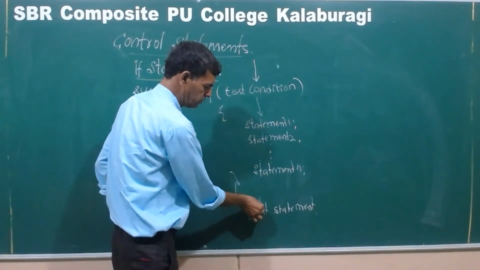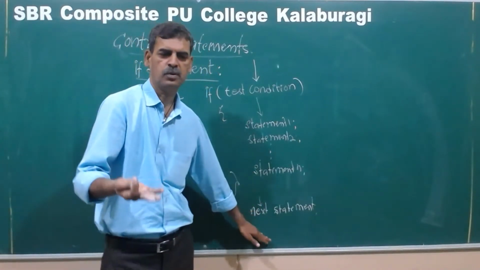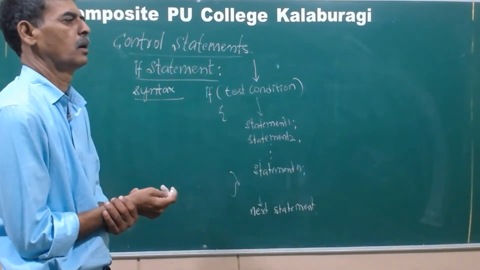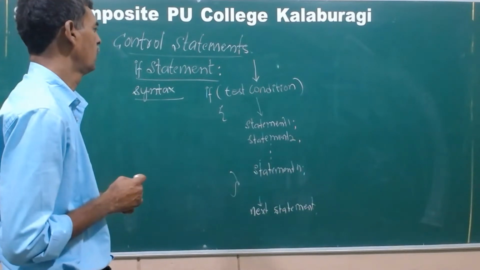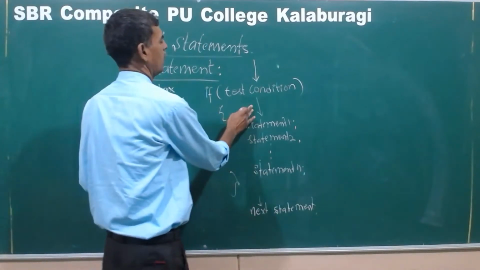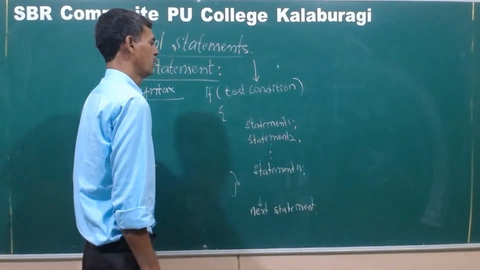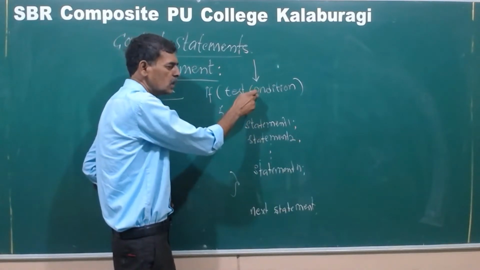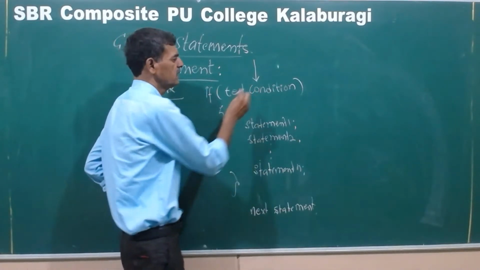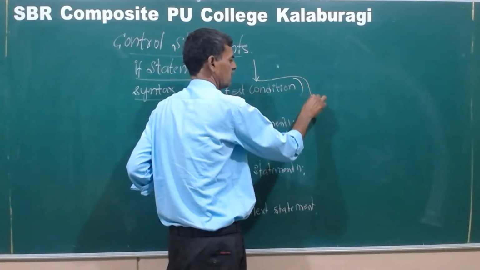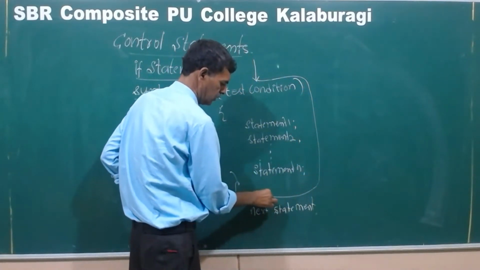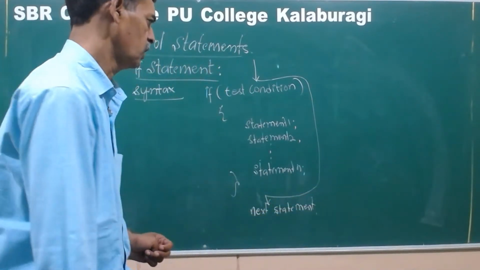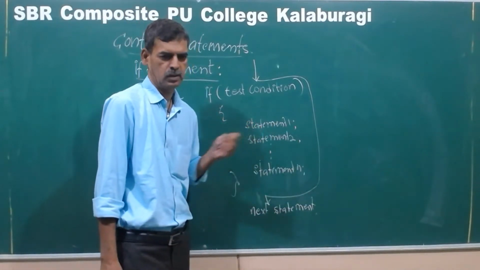Then the next statements in the program are executed. If the test condition is false, control doesn't come inside the if block. It skips, goes outside, then goes to the next instructions in the program. The if block is skipped.